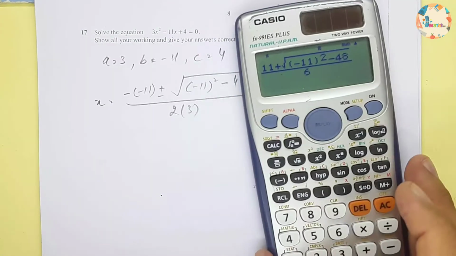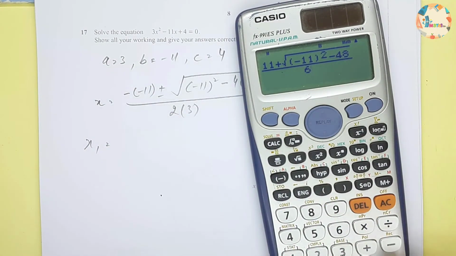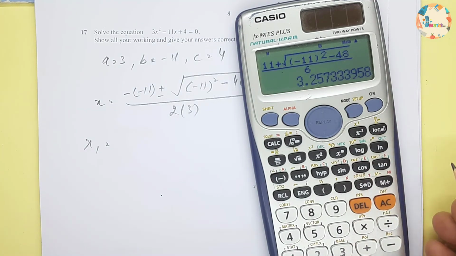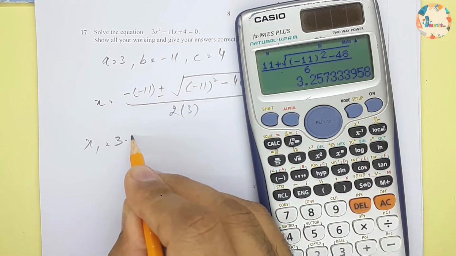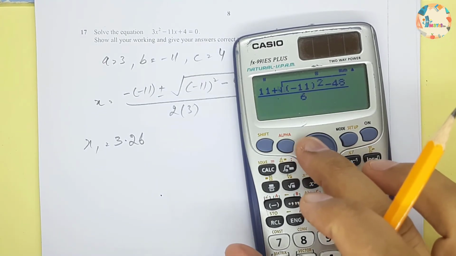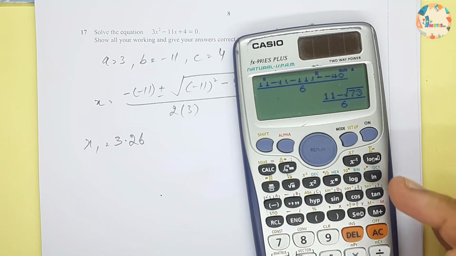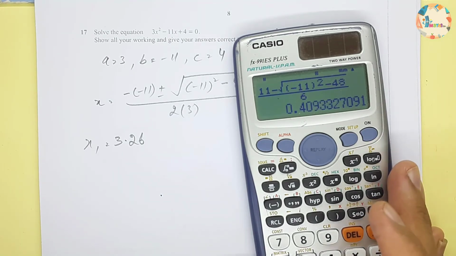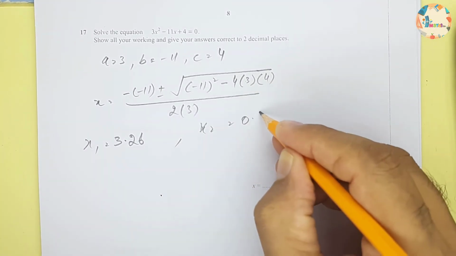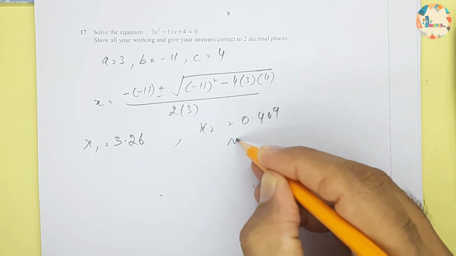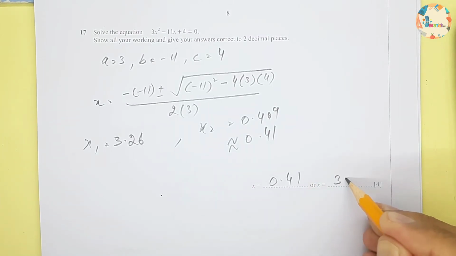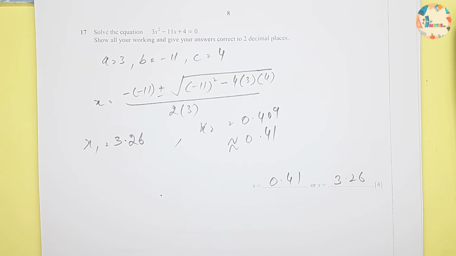Calculating the plus value first, x1 will be 3.257, or we can give it as 3.26. For the second value we change plus to minus, and we get 0.409. So x2 will be 0.409, or approximately 0.41. So our values are 0.41 and 3.26. This will be our answer.